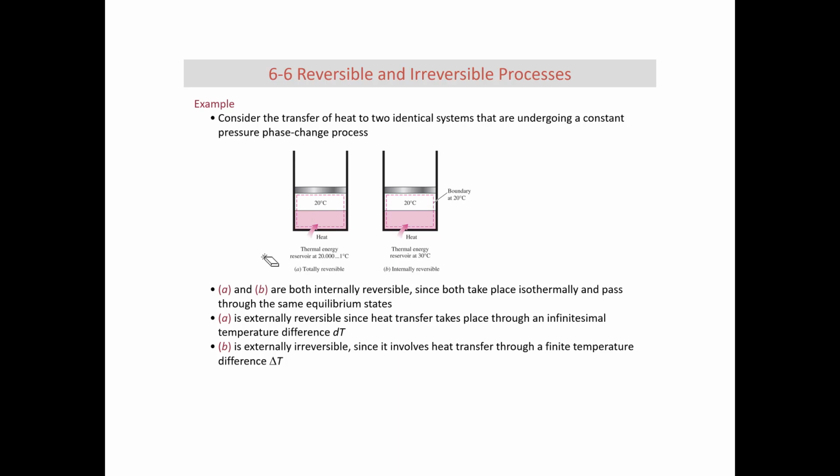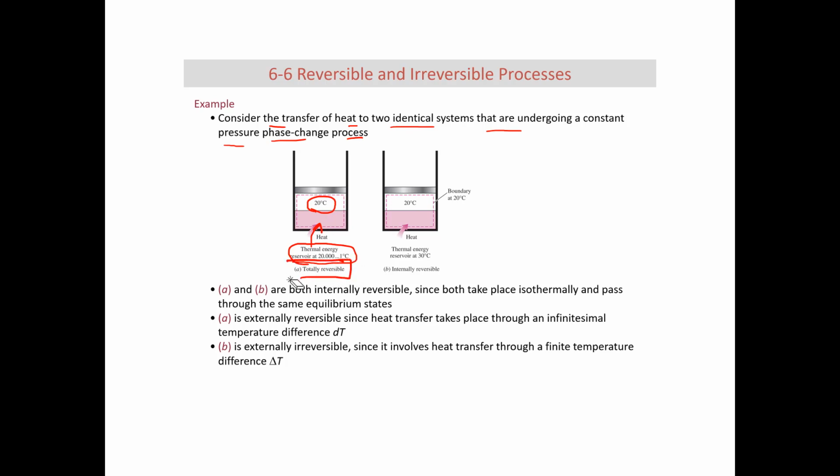Let's look at an example. Consider the transfer of heat to two identical systems that are undergoing a constant pressure phase change process. Here we have our phase change occurring at 20 degrees Celsius, and I have a thermal energy reservoir at a temperature that is slightly larger, basically the same temperature as inside, and I'm transferring heat to the system.